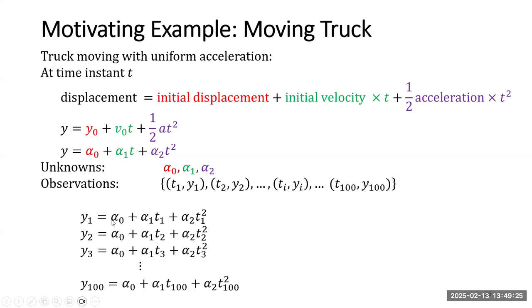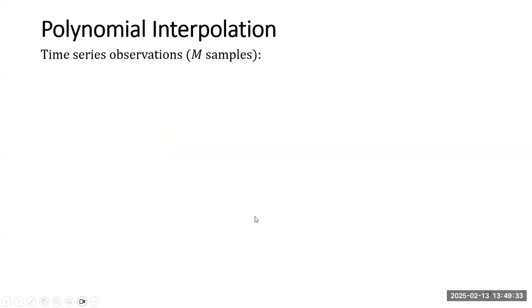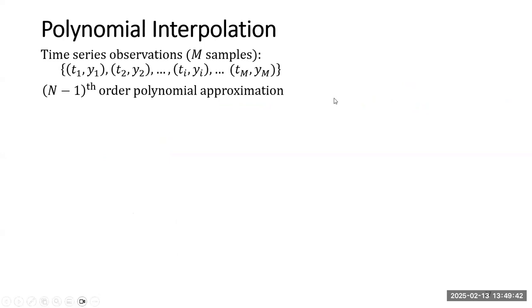Now we want to estimate alpha naught, alpha 1, and alpha 2. In general, we have m samples like this. We took constant acceleration, but in general, for some other situation, we need to satisfy y equals alpha naught plus alpha 1 t plus alpha 2 t squared, up to alpha n minus 1 t to the n minus 1.